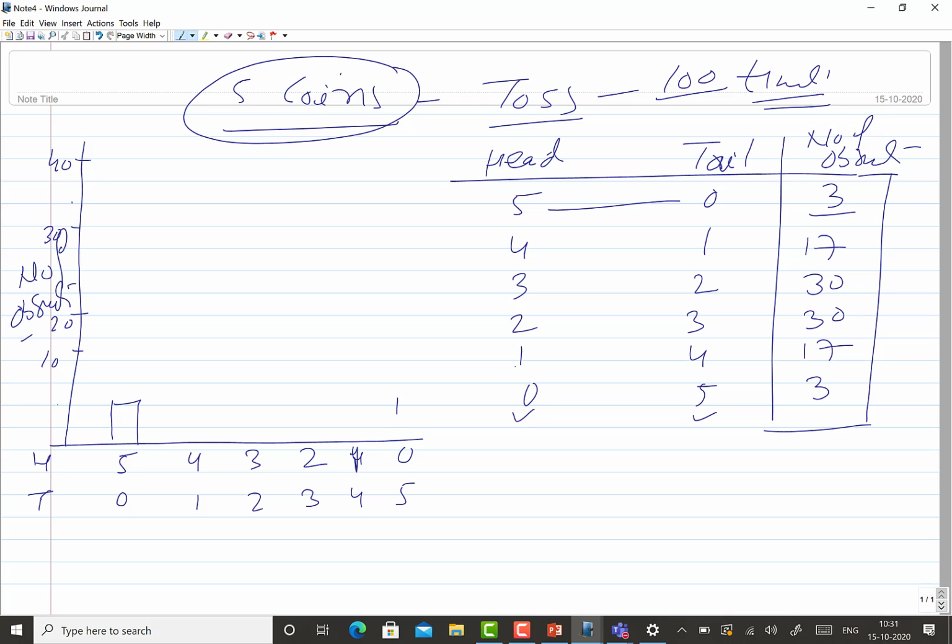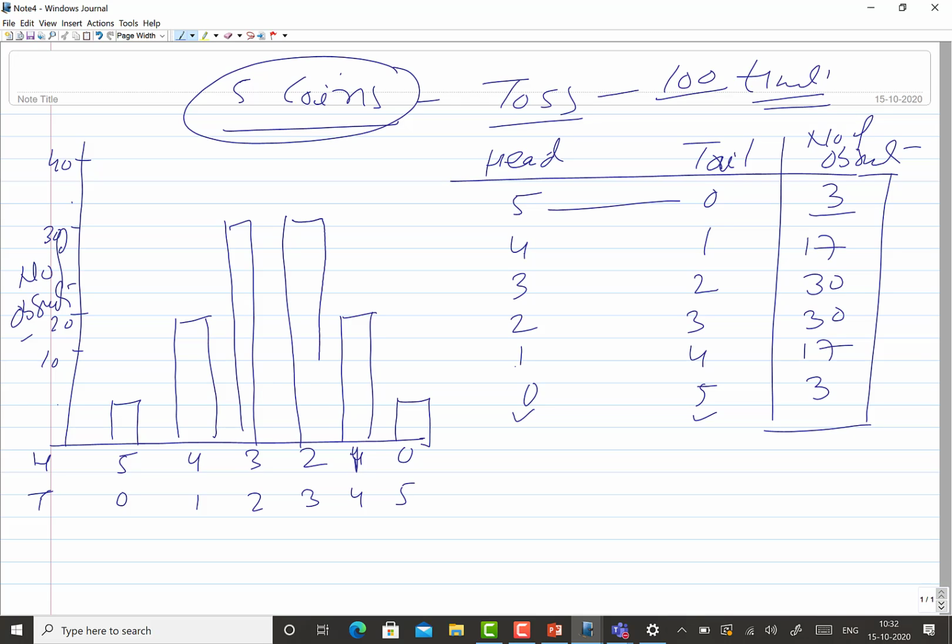So 3 and 3 is the number of observations for the extremes, then for 4 it is 17 and 17, then 30 and 30. If you see, with just 100 tosses, the distribution of the different combinations is by and large corresponding to the normal distribution.